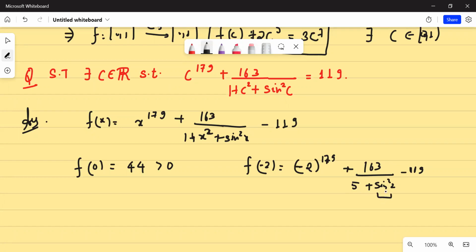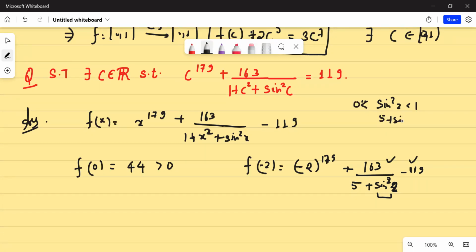Sin square always lies between 0 and 1 only. Whether it is sin square 2 or anything, it will always lie between 0 and 1. So if I want to write it here, sin square 2 would be lying between 0 and 1 only.